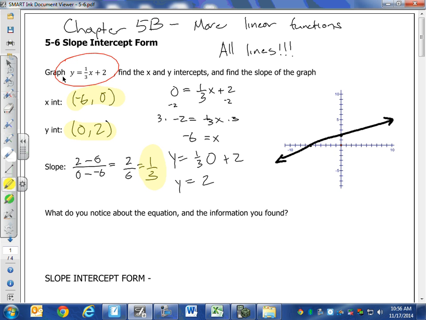Ms. Stewart, do you notice anything? What about the 1/3? Yes. And it shows up in my equation. The slope is in the equation.